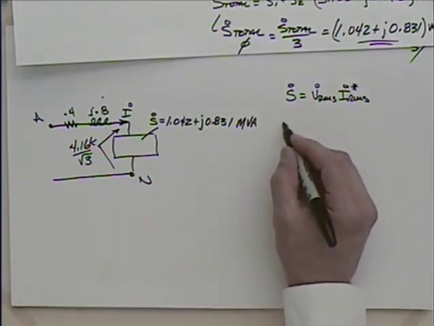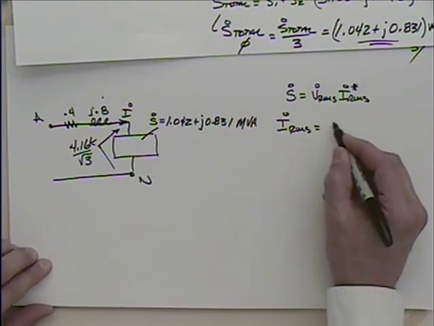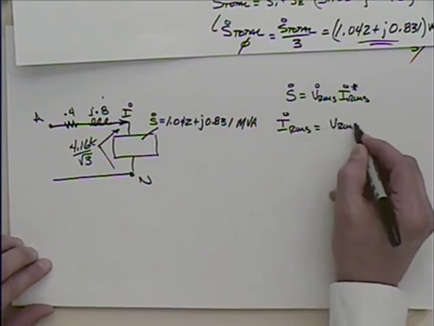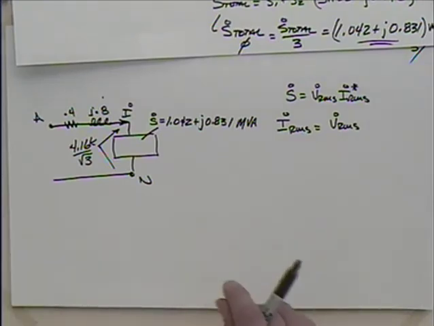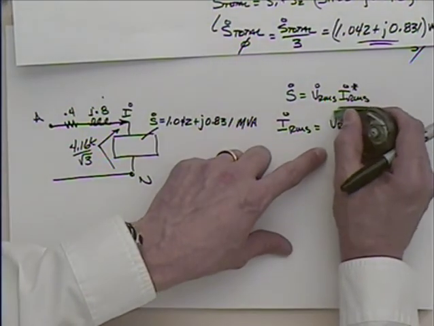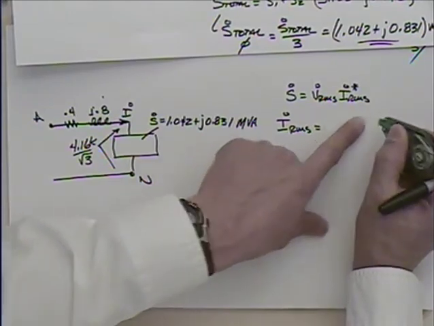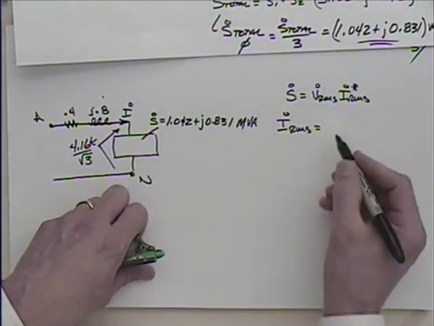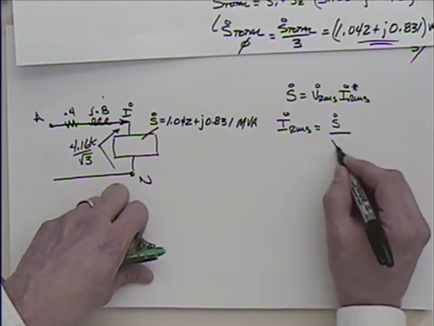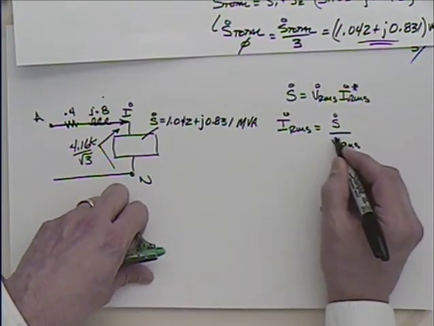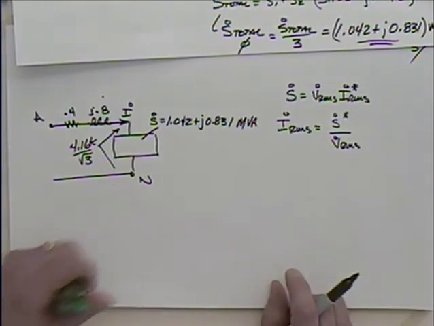So I could say then that I RMS should be equal to, not V RMS, should be just equal to S divided by V RMS, and I'll probably have to put the conjugate over there. Is that okay?